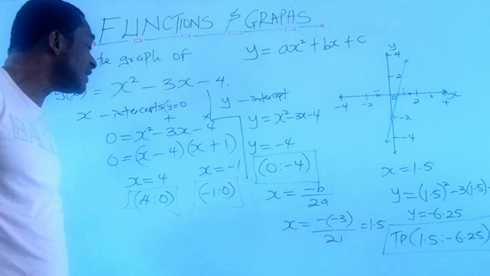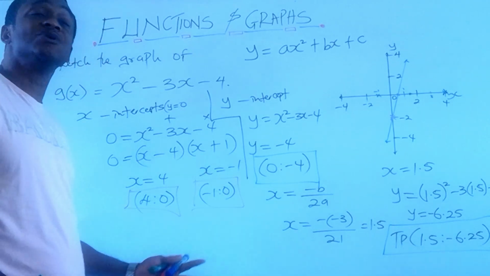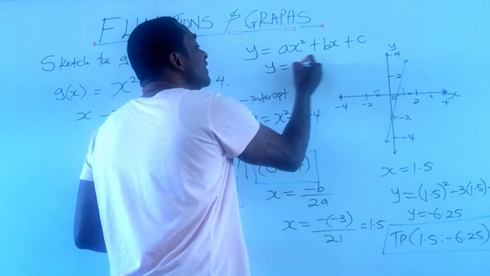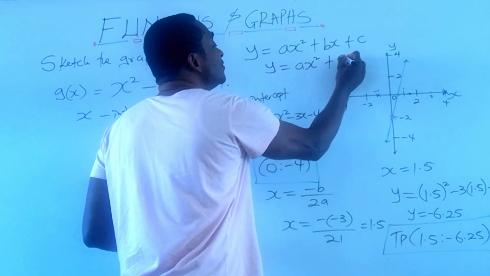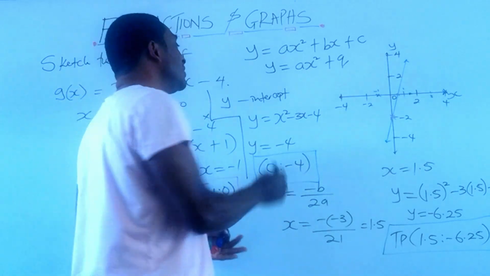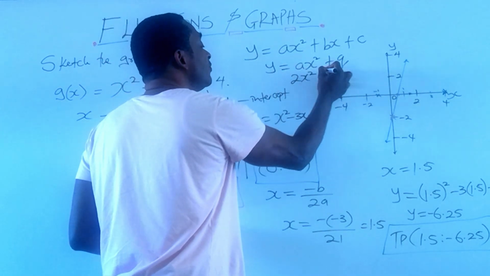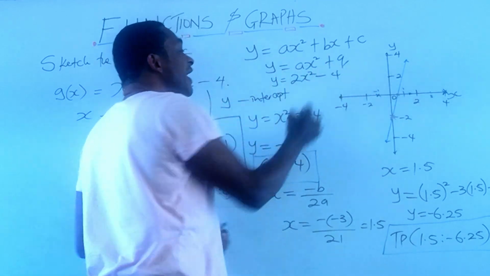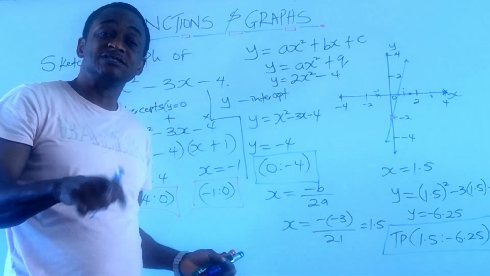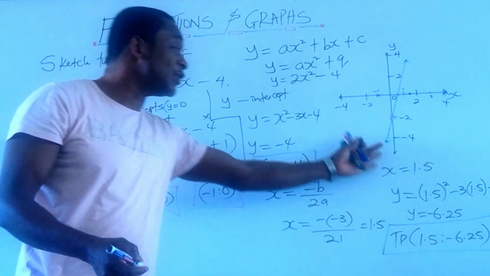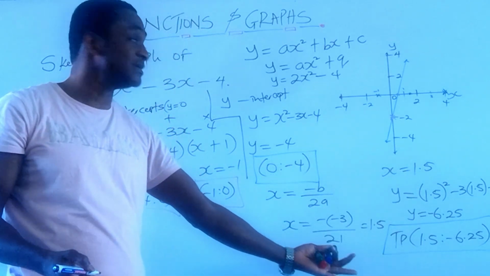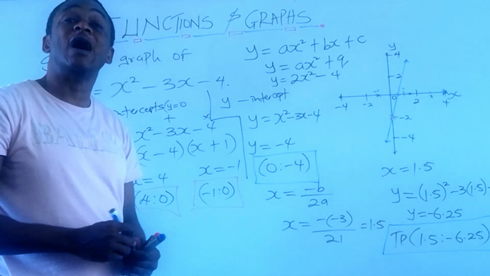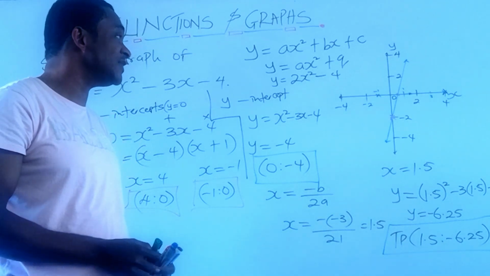Sometimes it gets easier, in some cases where we have the format ax squared plus q, for example 2x squared plus 4 or minus 4. If I have this, then the y-intercept serves as the turning point as well. Then I don't have to go through all these calculations. I'll just get my x-intercepts and plug them against my y-intercept, and I have my perfect graph.